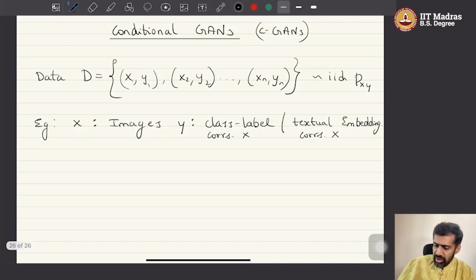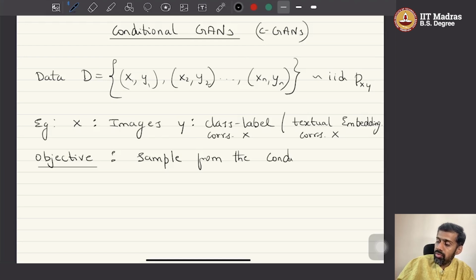The objective is to sample from the conditional distribution p(x given y).